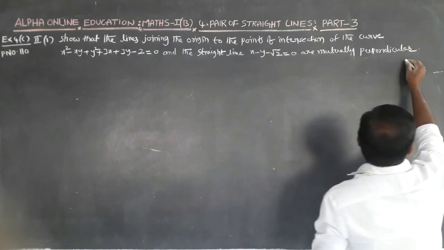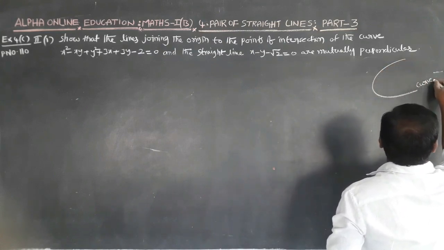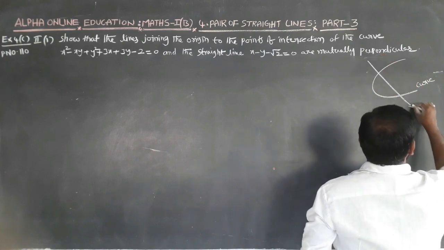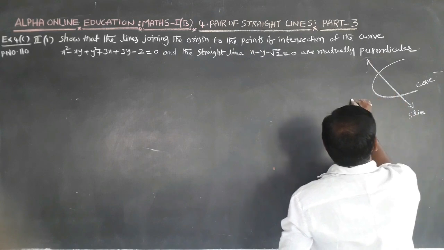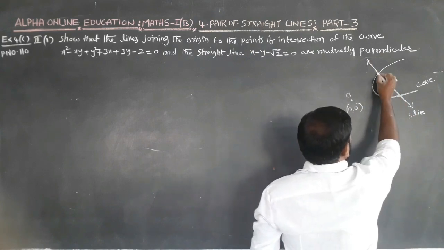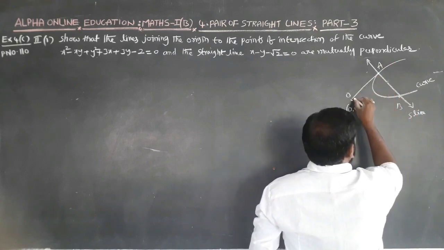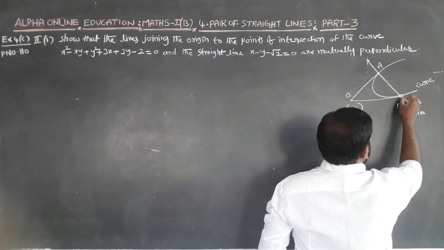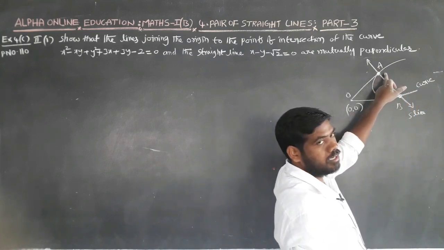This is the curve. This is the straight line. The lines joining the origin to the points of intersection of the curve and line.